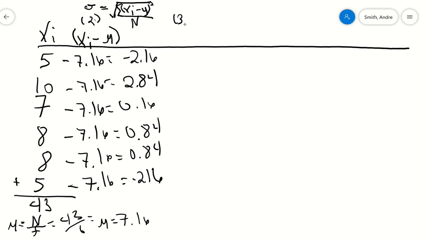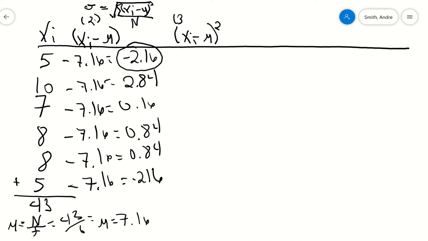Step number 3 in the formula says x sub i minus mu, squared. So basically what that means is that we have to square each one of these, right? And if we're squaring each one of these, that basically means that we are just multiplying it by itself. So for our first one, it's negative 2.16 times negative 2.16, or you can use the square function on your calculator.